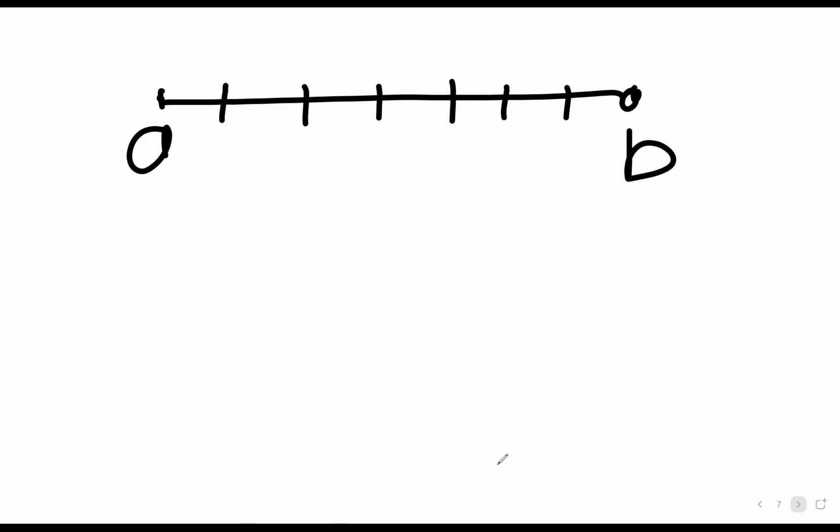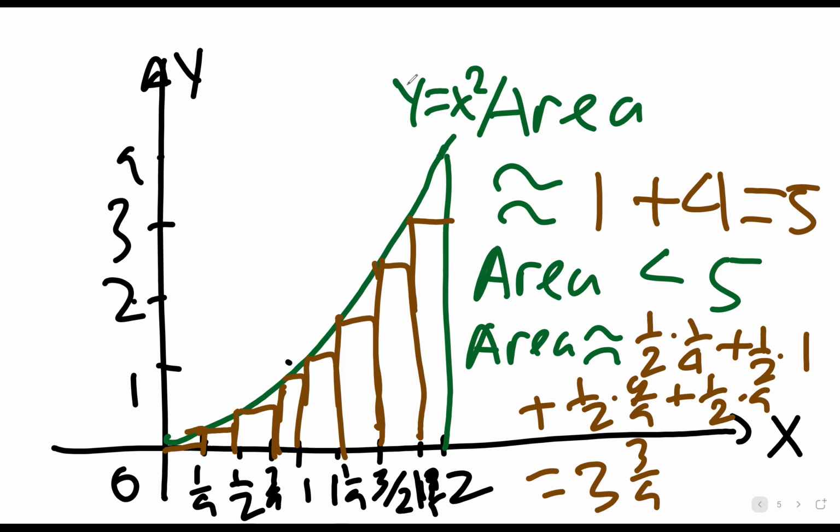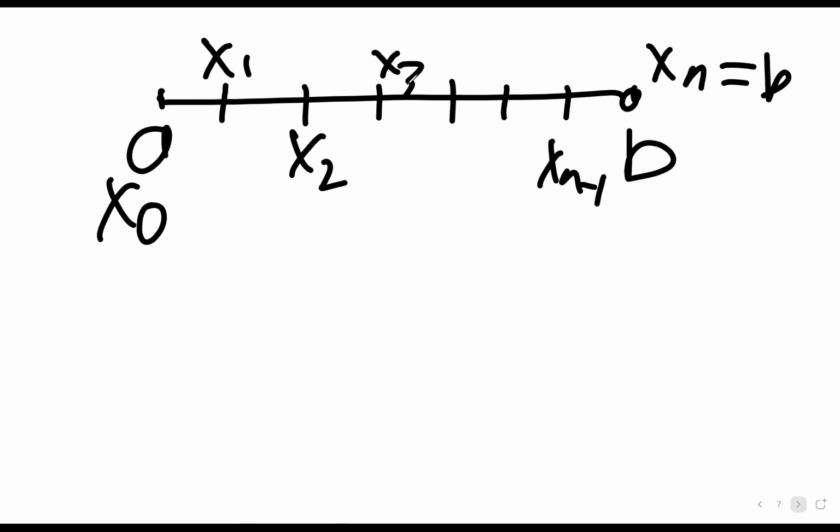For example, start with a equals x0, and then the next one x1, x2, x3, and so forth until xn minus 1, until xn equals b. Then, for example, if [a, b] is the interval [0, 2], you can divide it into n subintervals. For example, n equals 8, just divide this interval into 8 rectangles. We call this a partition.